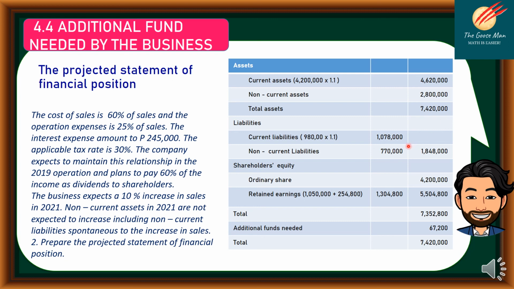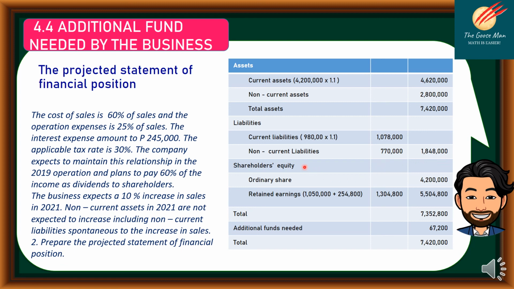On the other hand, your current liabilities, as projected, will increase by 10%. So you have 980,000 times 1.1, which is 1,078,000. While your non-current liabilities is 770,000 pesos, for a total of 1.848 million.